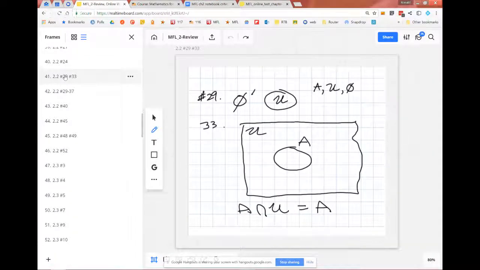And complement means what else is there, outside of it. What's outside of nothing? Well, basically everything. And how do you write everything in sets? Universal. Yeah. So the complement of nothing would be basically everything. Okay, got that one.